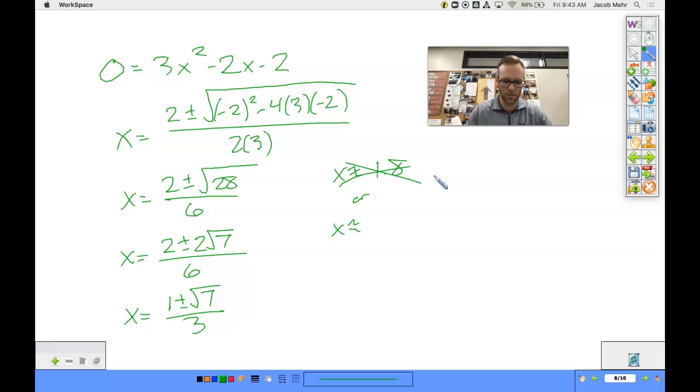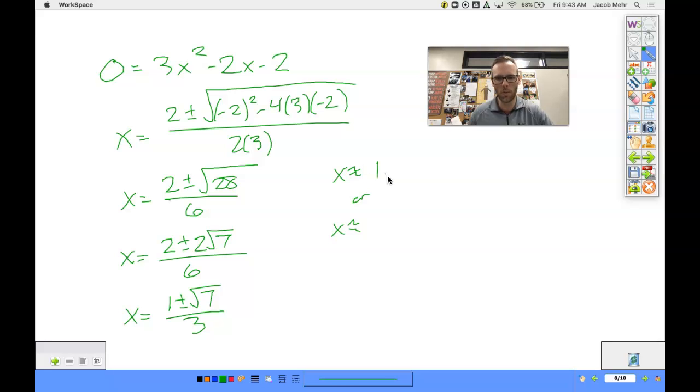So this, 1 minus the square root of 7. Oh, it's over, hold on. That's over 3, not over 2. Sorry, 0.54. Calculator struggles here. 1 plus the square root of 7 parenthesis divided by 3.